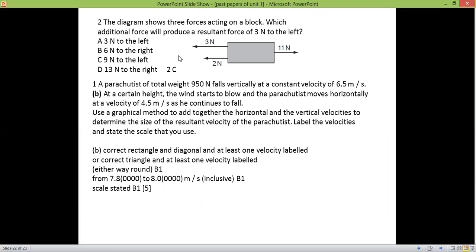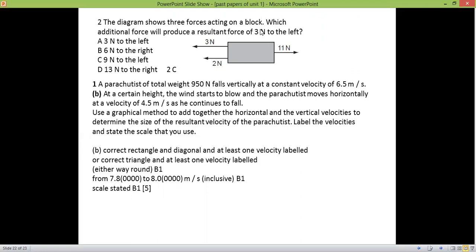Next is, the diagram shows three forces acting on a block. Which additional force will produce a resultant of 3 Newton to the left? So it is mentioned that the resultant force 3 Newton is acting towards the left. It means that the magnitude of the forces acting towards the left should be greater than the force acting towards the right. This is the case of addition of forces when the forces are parallel to each other.